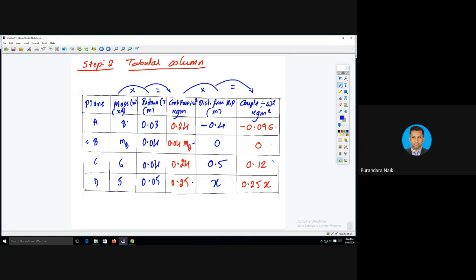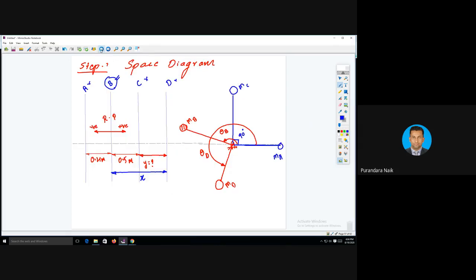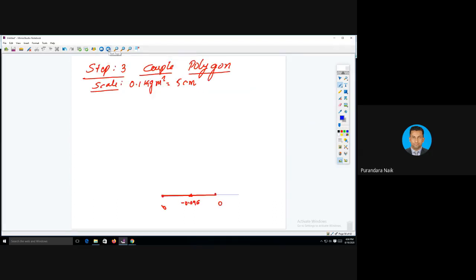But what is the angle of C? You see the space diagram. C's angle with respect to A is 90 degree. Take 90 degree, which means you need to measure it in the clockwise direction.